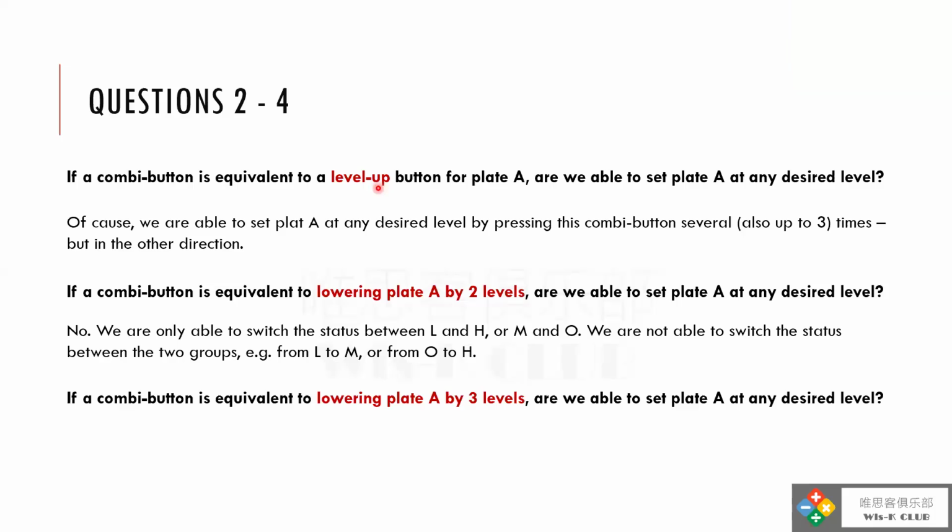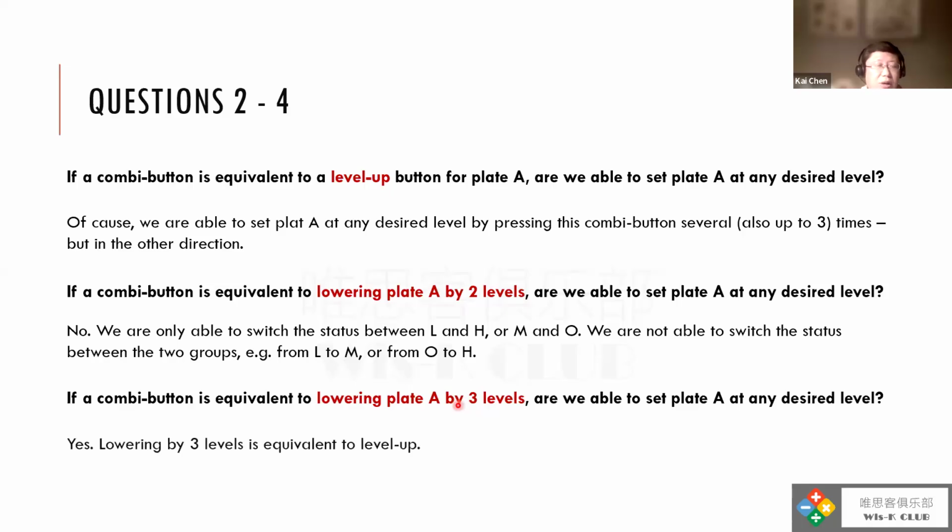Yes, it's possible, because lowering A by 3 levels, we know from task 2, is equivalent to raising plate A by 1 level, or level up. Because this is always a modulo 4 operation, right? The -3 is equivalent to +1 if the period is 4. The -3 is +1. So, okay, all good answers.